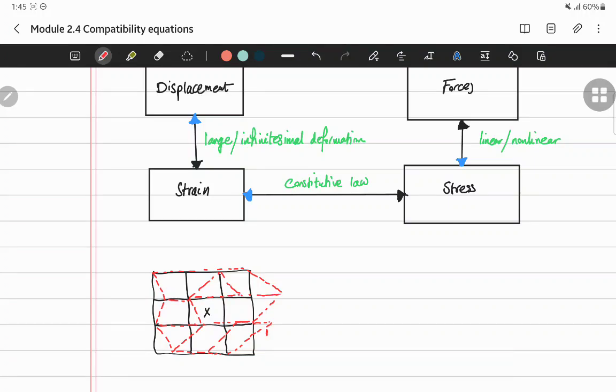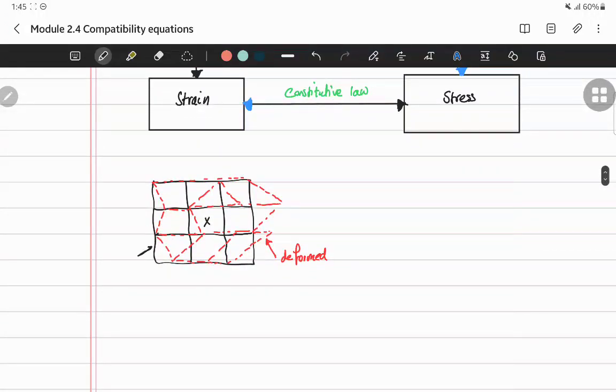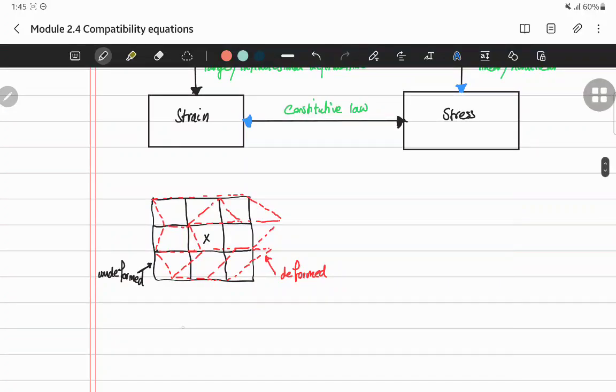So this is the deformed shape. And this is the undeformed. This is from approach 1.